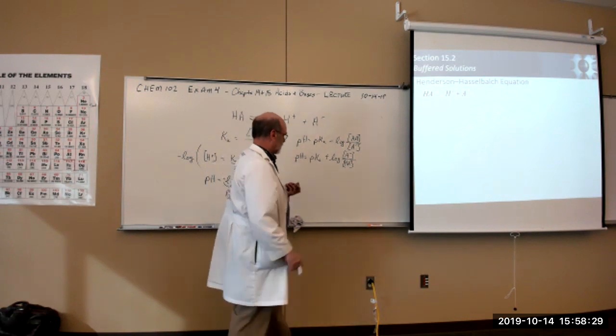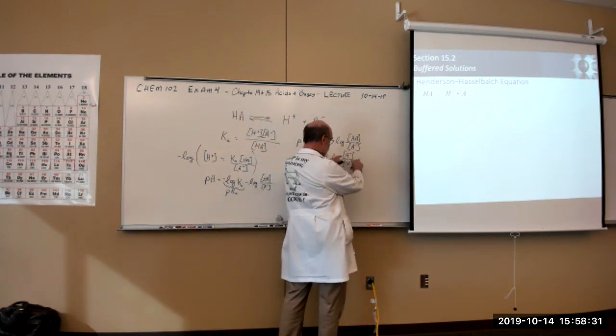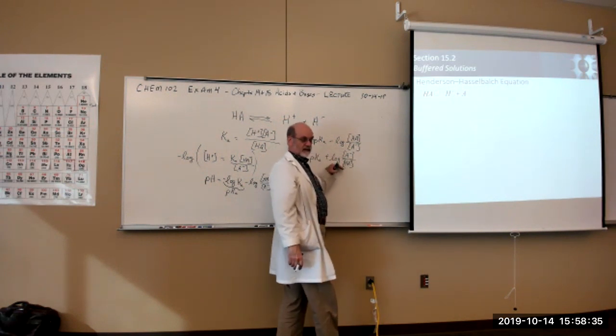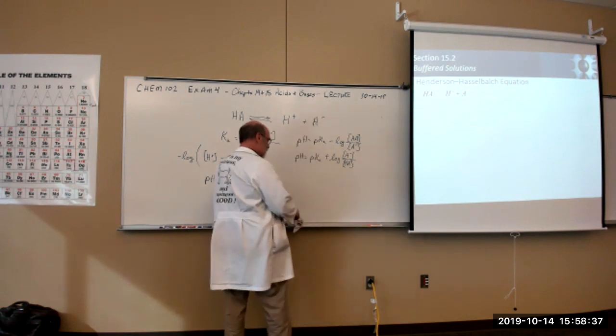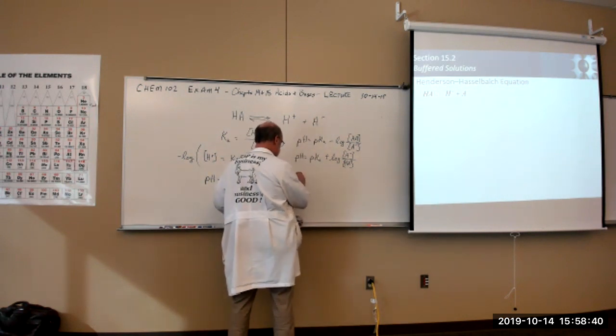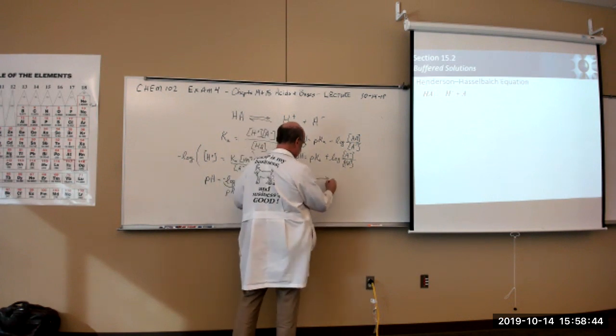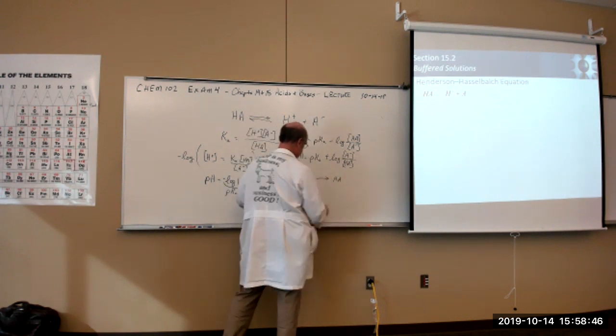Well, if you have equal amounts of A minus and HA, then look what happens. If you add hydrogen to your solution, that strong base picks it up and makes HA.